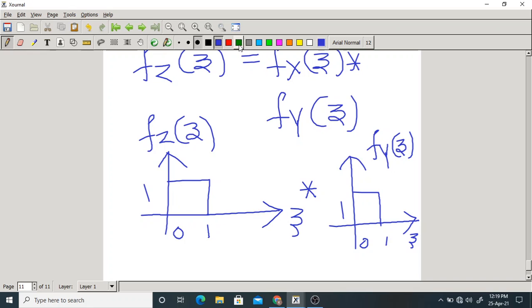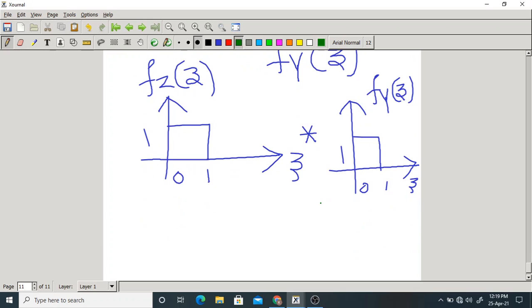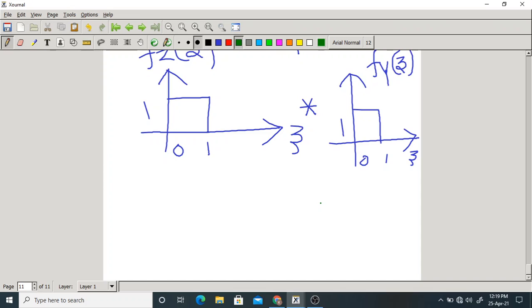So this is the convolution of two squares. If you convolve two squares, what will you get? This is the concept of signals and systems. You get a triangle.